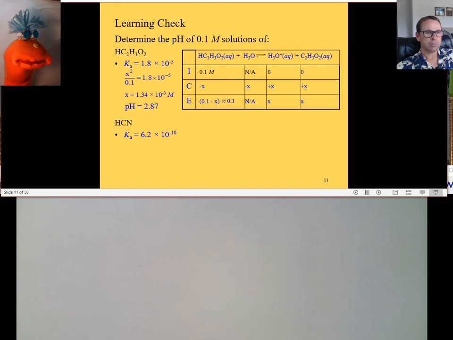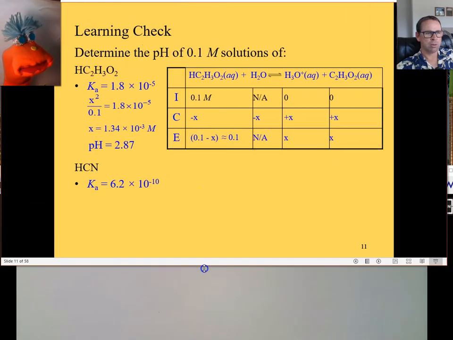But what are we going to do here? We're going to create an ICE table. We're going to write HCN dissociated into H plus and CN minus. Very good. And then what? Then we're going to look at the change. The initial concentration is 0.1 molar HCN, so no CN minus or H plus, right? That's right.